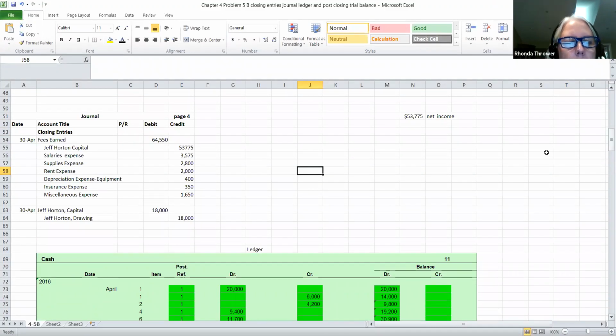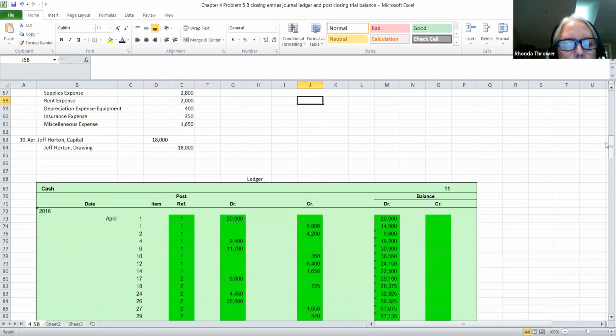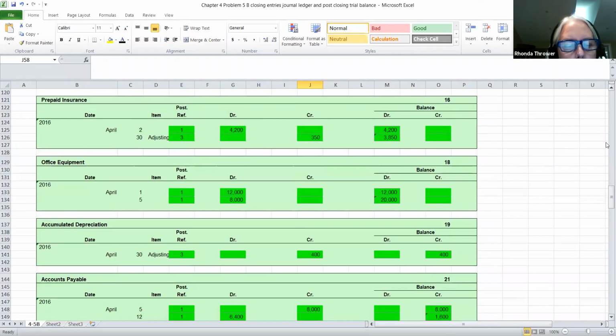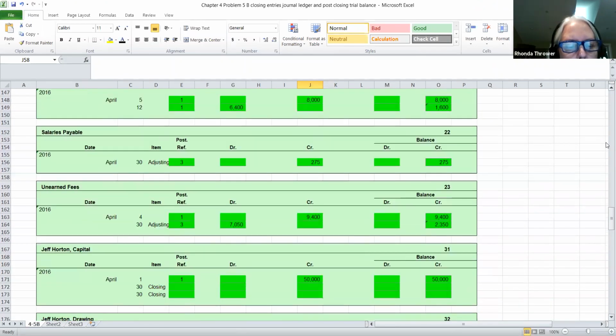We need to know that. I'm going to go to my fees earned account and I'm going to debit it in the ledger. So I'm going to look for my fees earned. This is my ledger here, showing up in green.